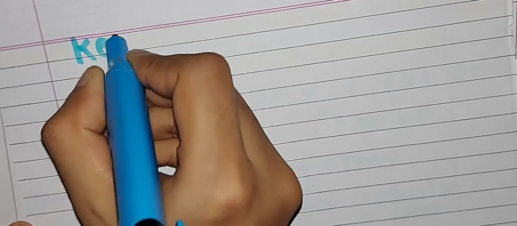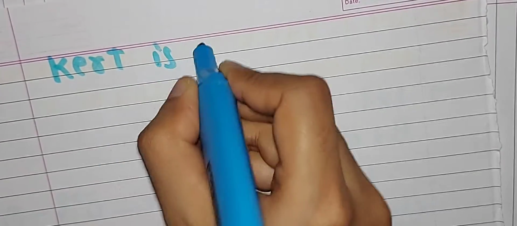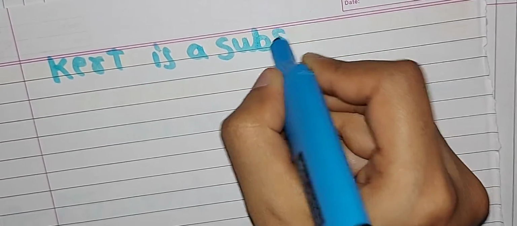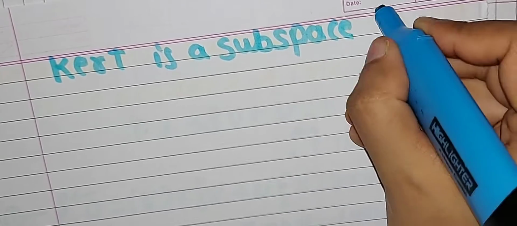So with the help of these two conditions, we can directly say our kernel of T is a subspace of our domain, that is V.